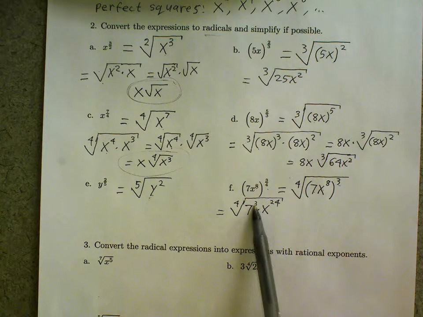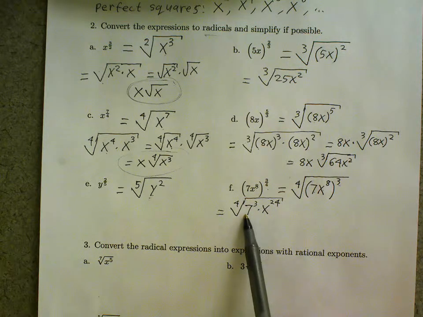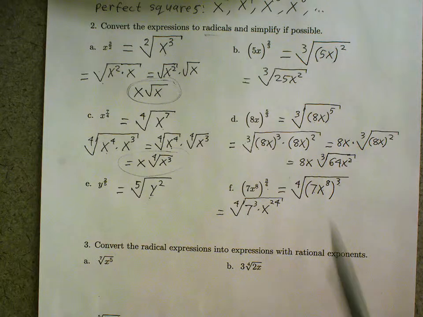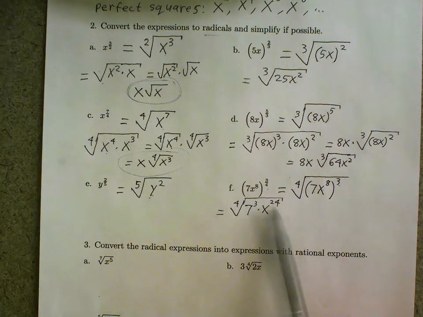Well, 7 to the 3rd is just 343. 7 times 7 times 7 is 343. And the largest factor of 343 that is a perfect 4th power is 1. But the largest factor of x to the 24th that is a perfect 4th power is x to the 24th, because the exponent is a multiple of 4.